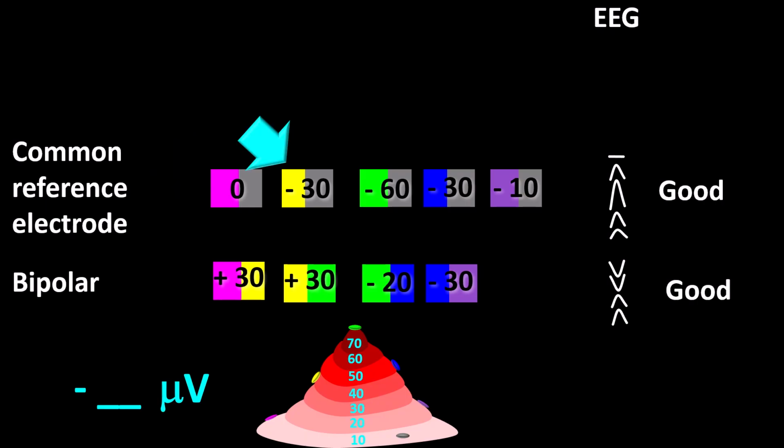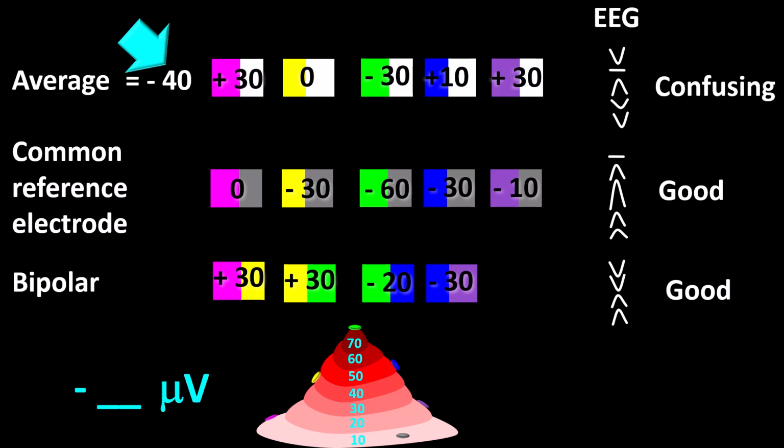Next will be minus or negative 30, that is, the yellow electrode is 30 microvolts more negative than the gray electrode, and so on with the other electrodes. And therefore, at the end, the EEG interpretation will also be very clear cut. The wave with the highest amplitude will be the maximum of the field. In this case, it will obviously be the wave under the green electrode.